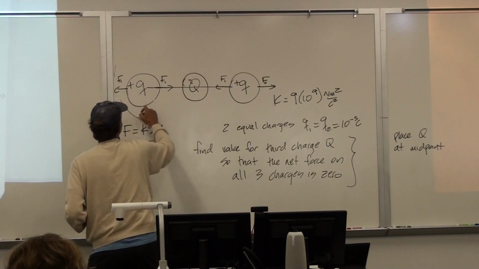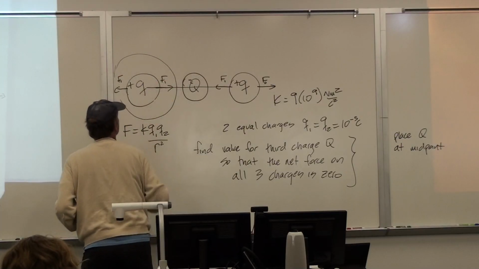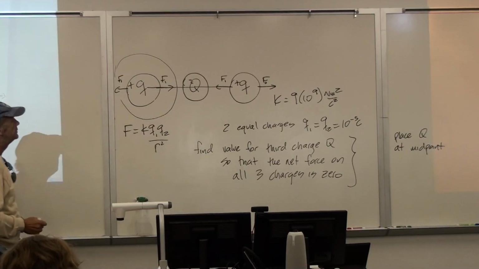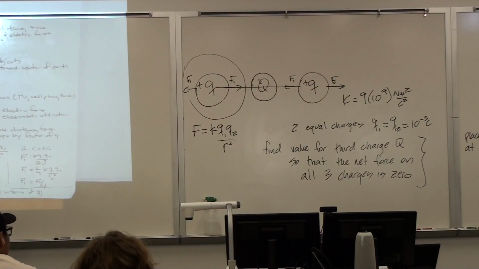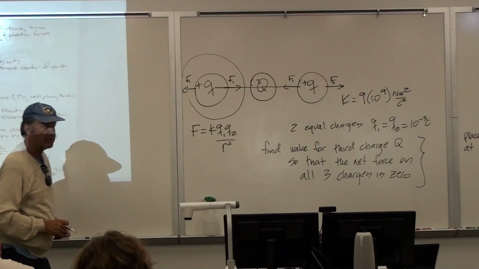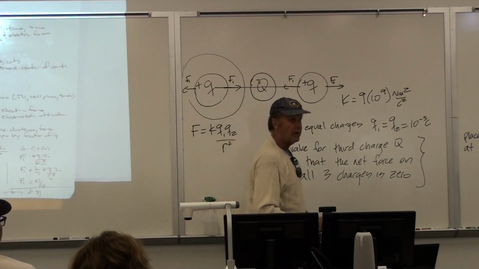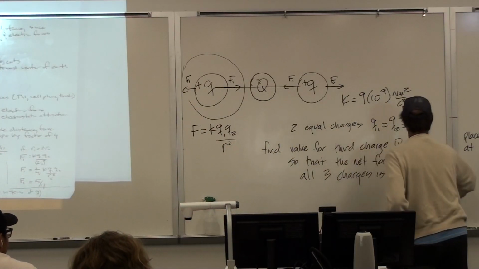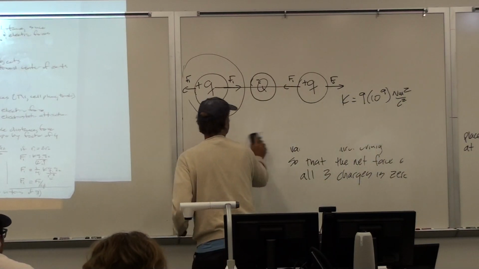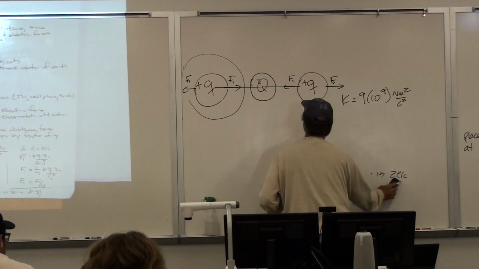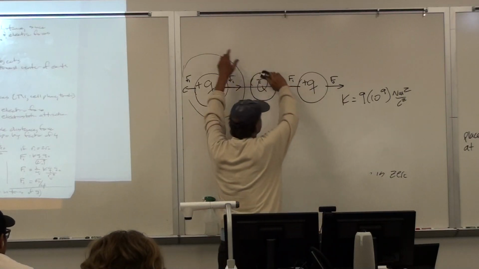And so that's the big key in doing these kinds of problems, is identify which charge you are going to draw forces for. You don't want to confuse yourself by drawing the forces on every single charge. You know, if I do that here, I could draw forces here and forces there.